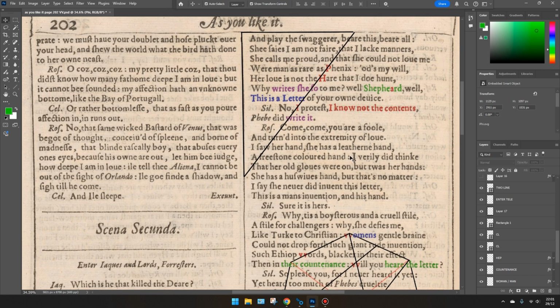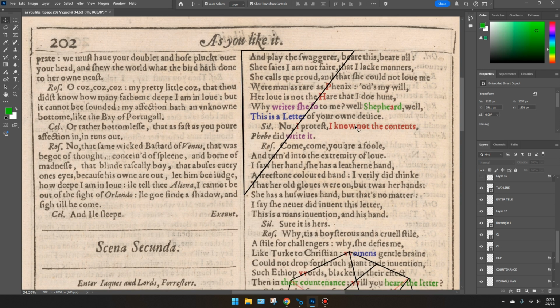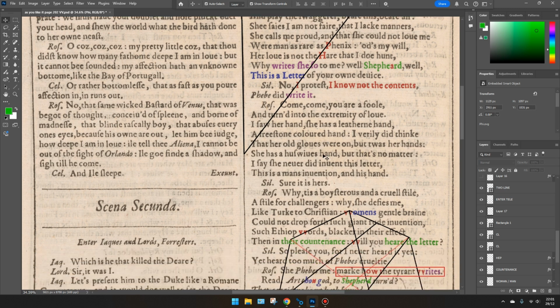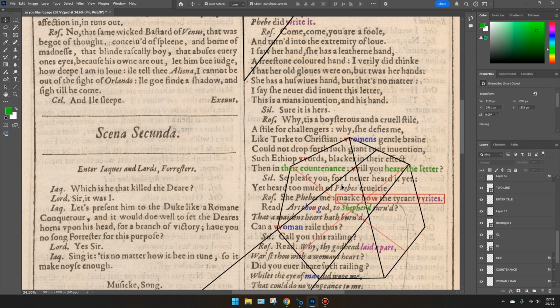So what we do have here is possibly something alluding to, I know not the contents. And because we missed something out up the top, I know not the contents. So the page all does come together, but I would just like to put it out there that we have this VV construction again.